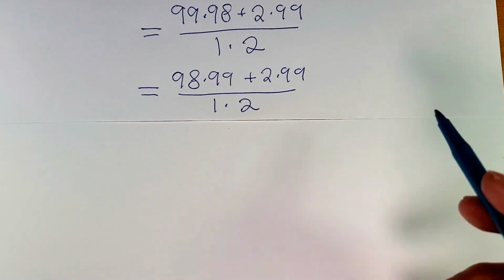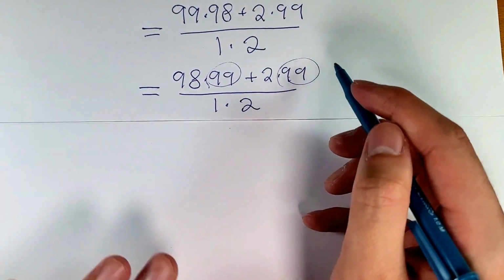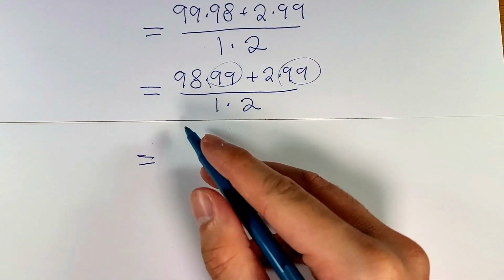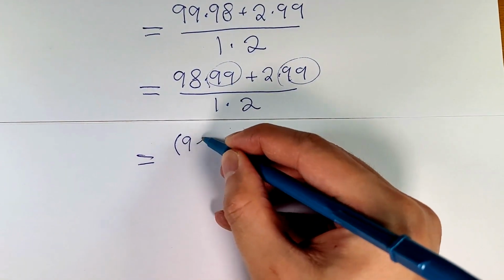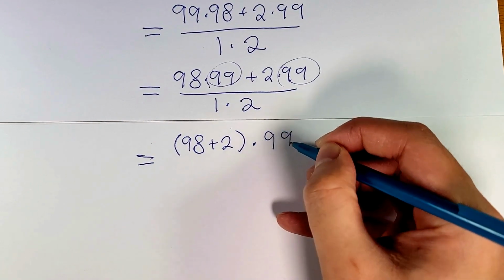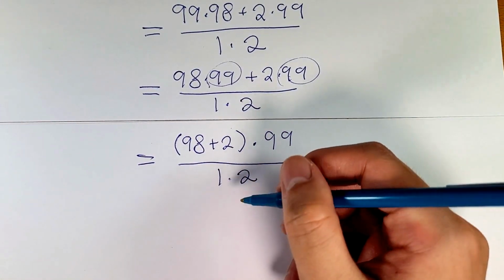So now I can move this 99 to the right, and I get 98 plus 2 times 99, keeping the denominator like before.